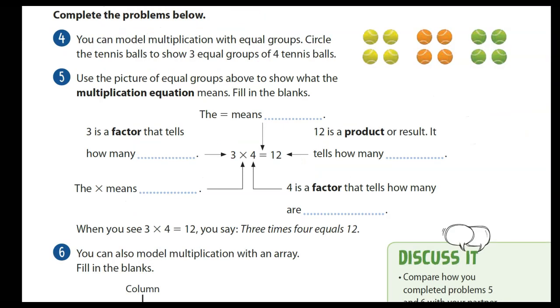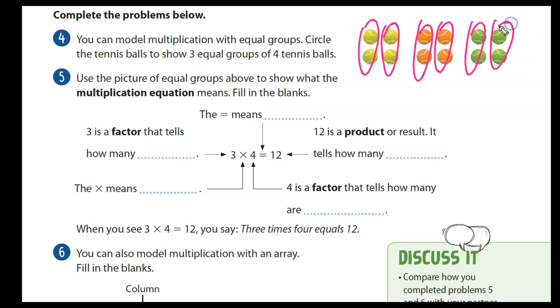On page 64, it says you can model multiplication with equal groups. Circle the tennis balls to show 3 groups of 4 tennis balls. I need to circle the tennis balls, right? All right, let's do this. Is that right? How many circles did I just make?